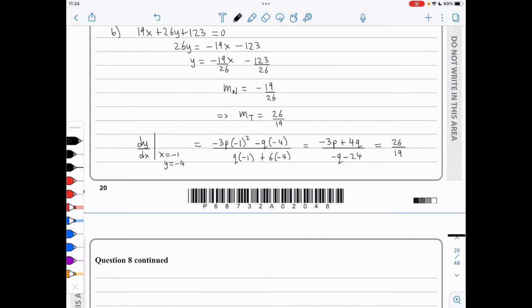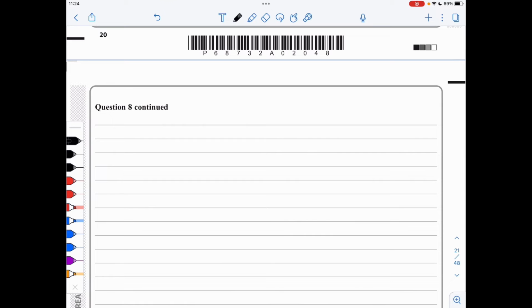So all of this simply deriving from the fact that we were given the equation of the normal. Now, I will cross multiply to get that 19 times minus 3p plus 4q is equal to 26 times negative q minus 24. I will expand: minus 57p plus 76q is minus 26q minus 624. So minus 57p plus 102q is minus 624.